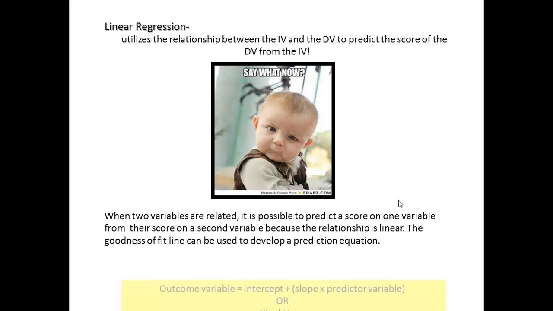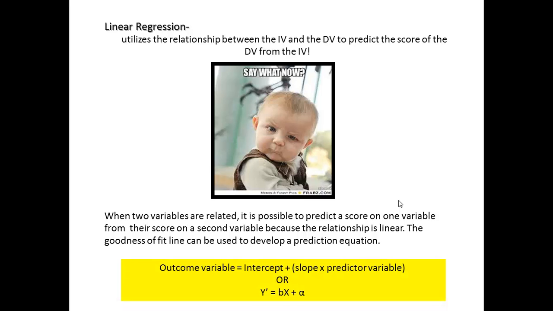Now the equation looks like this. Our outcome variable is equal to the intercept plus the slope times a predictor variable. Y prime is equal to beta times x, added to alpha, or a coefficient constant.